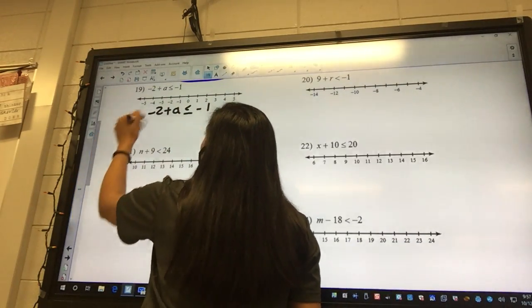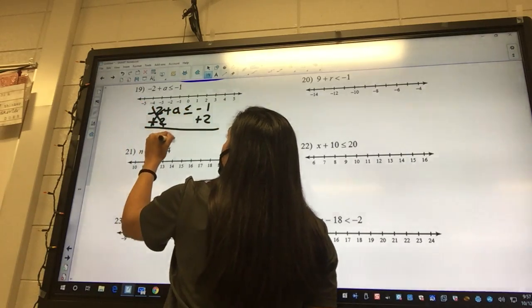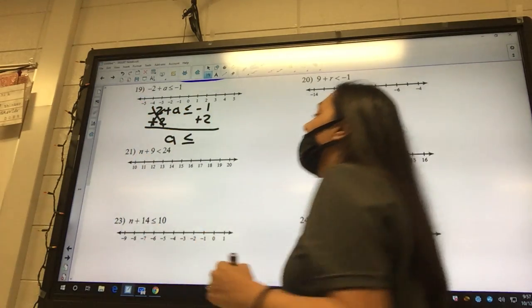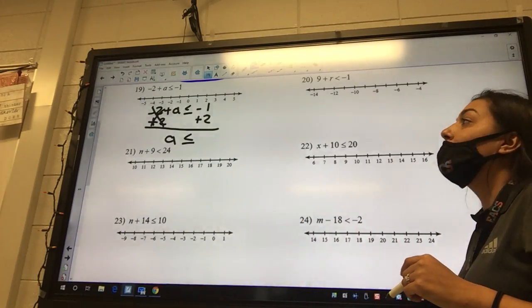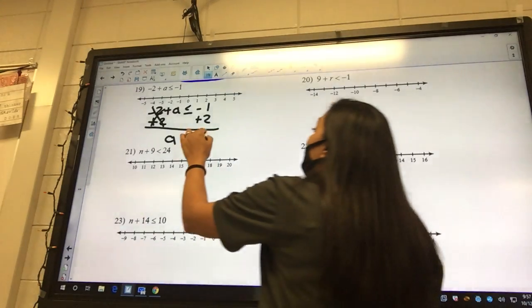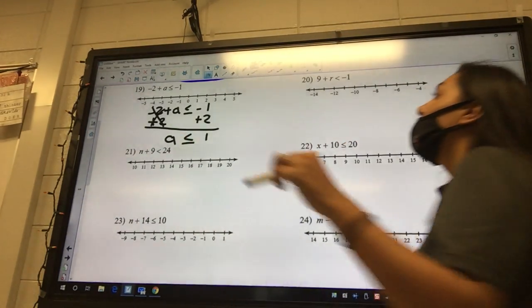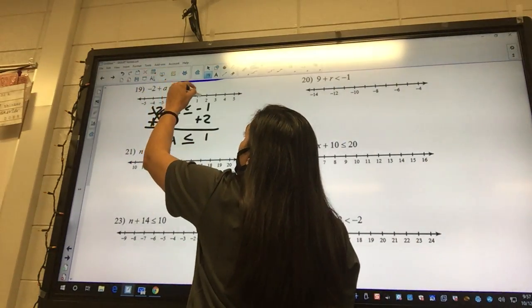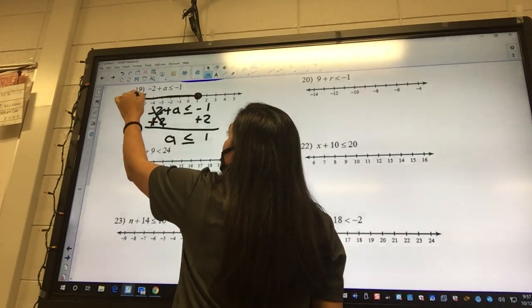Add 2 to both sides. So I got a is what? Negative 1 plus 2. 1. Okay, open or closed dot? Closed. And what's the direction? To the left.